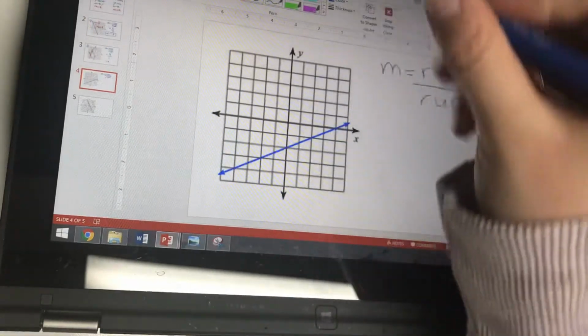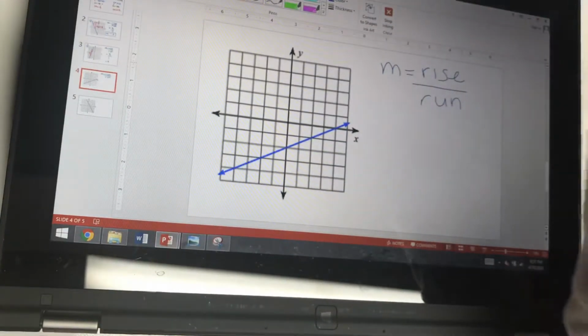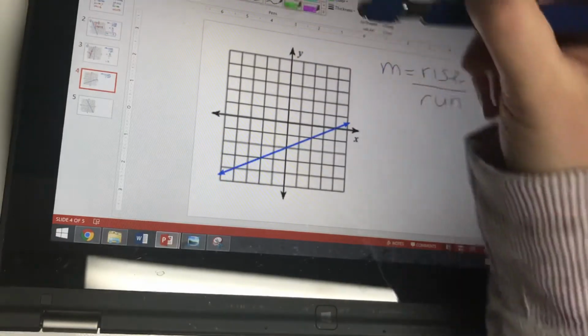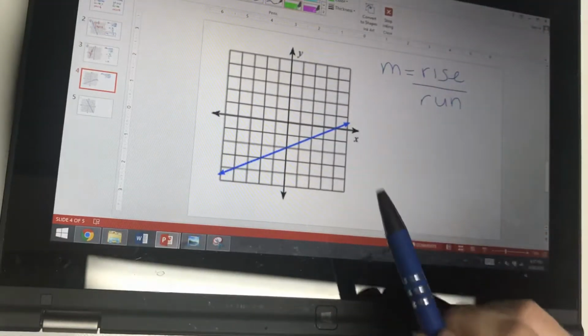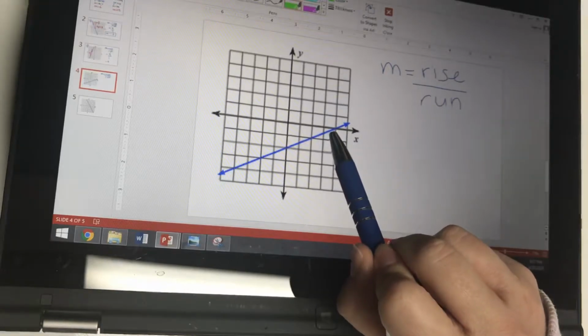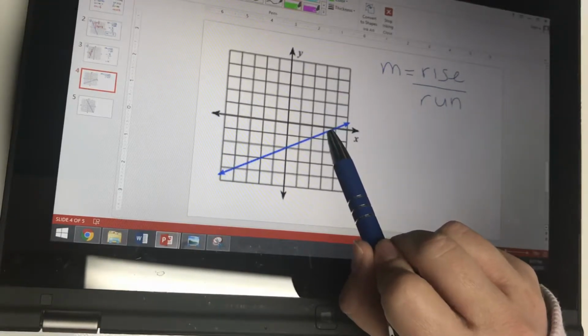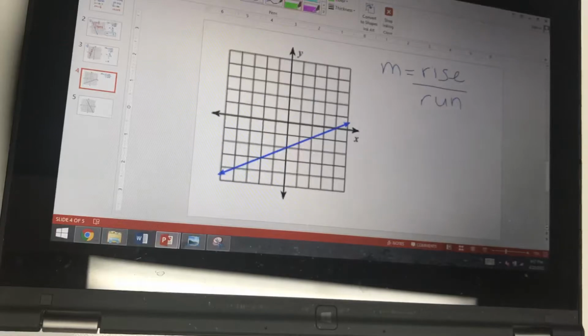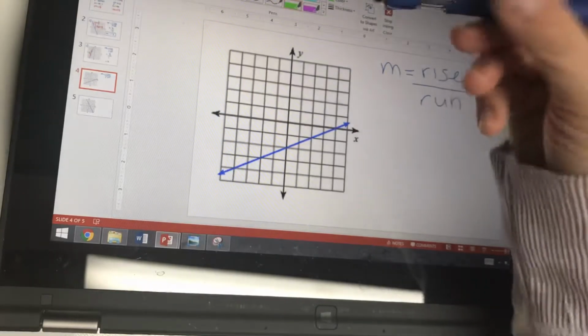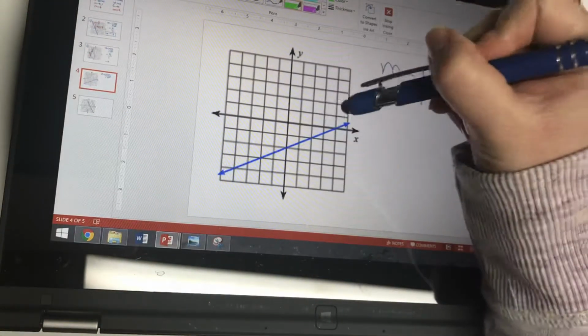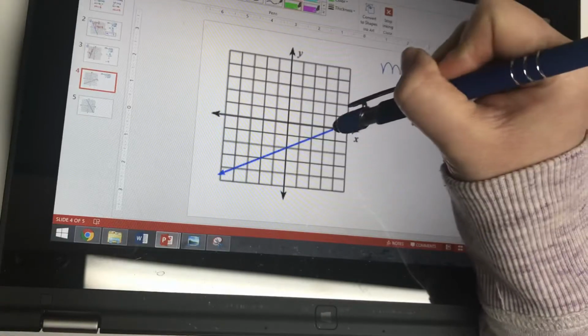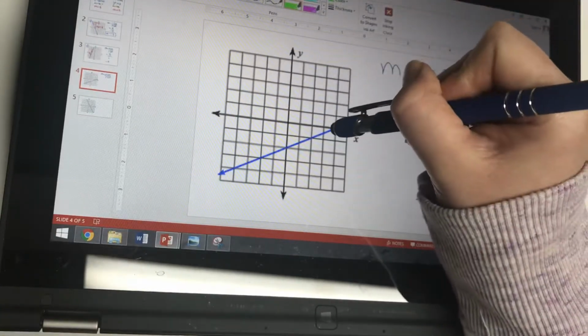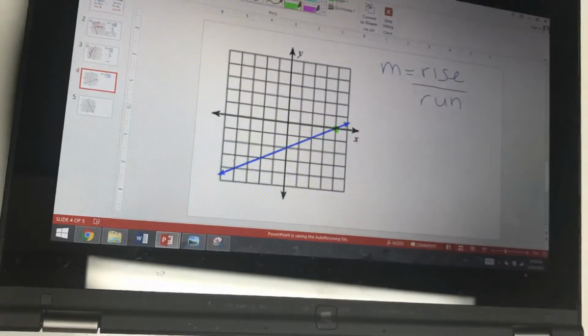I can put the point anywhere, but I'm going to put it somewhere where the two lines meet. So it wouldn't make sense for me to put the coordinate right here because this is in between, and then it's hard to count units because you have halves, so it's hard to tell. So instead, I'll use this point right here because that's nicely in the corner.